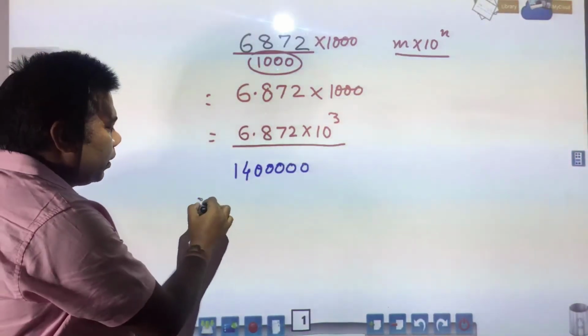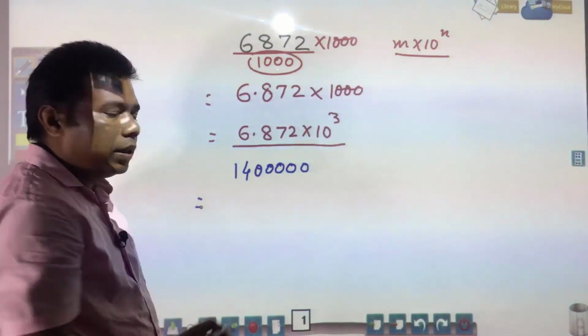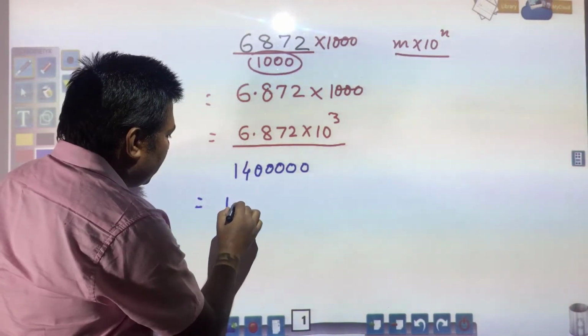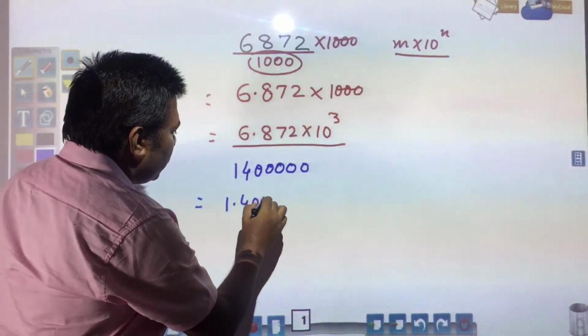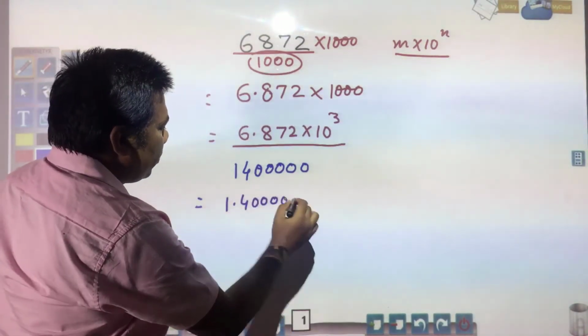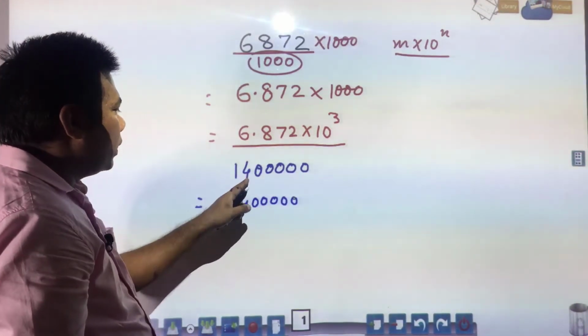Again the same method is required to be applied. What you need to do, just after one digit you need to put a decimal. So you put the decimal, 4 and then 5 zeros, 1 2 3 4 5 zeros you have, and this number you have.